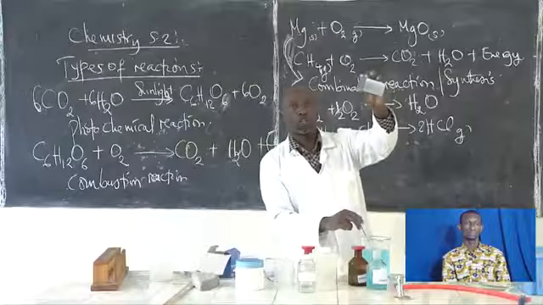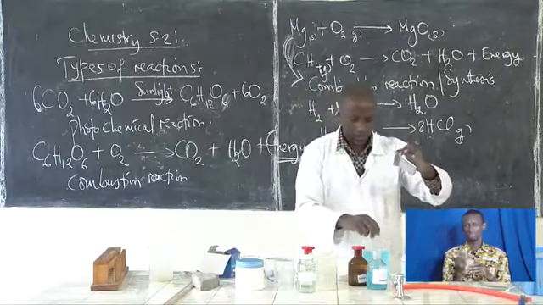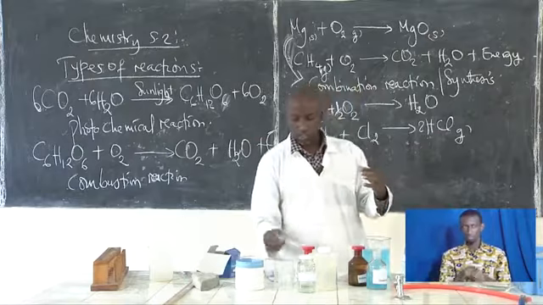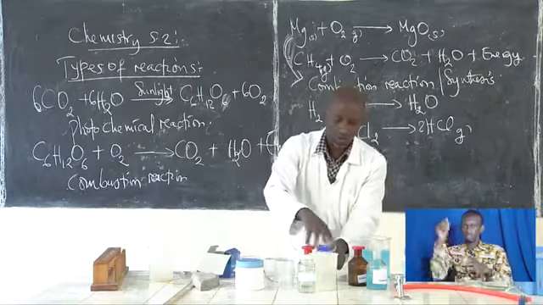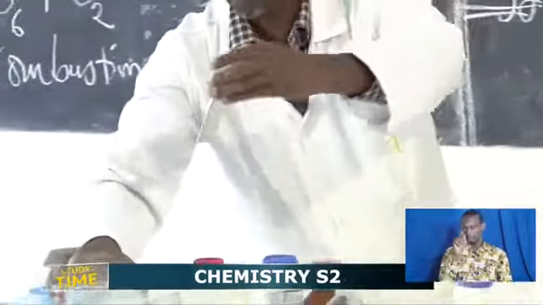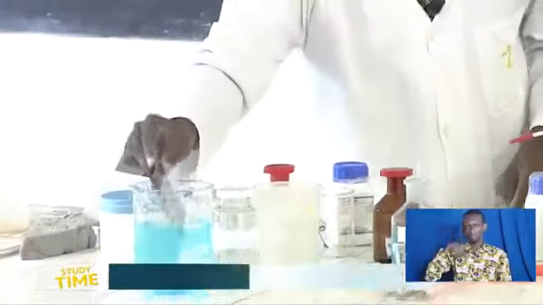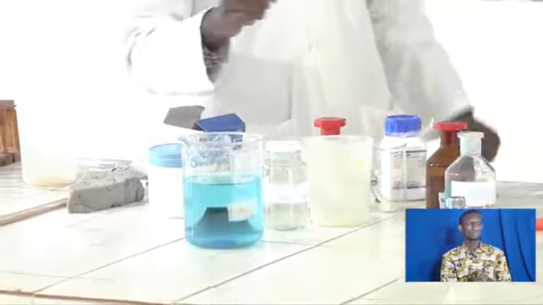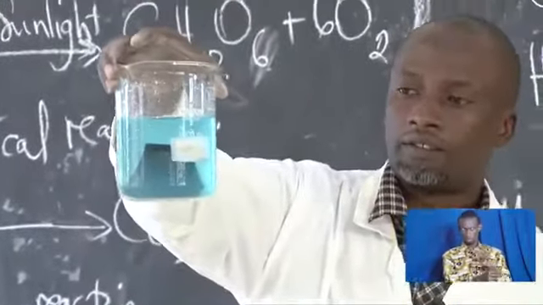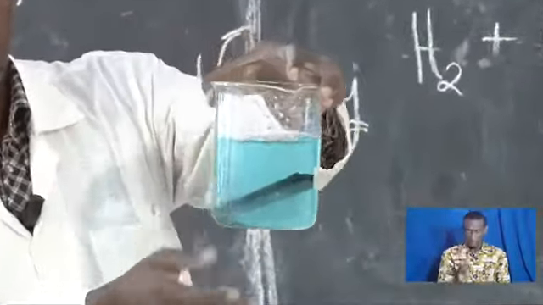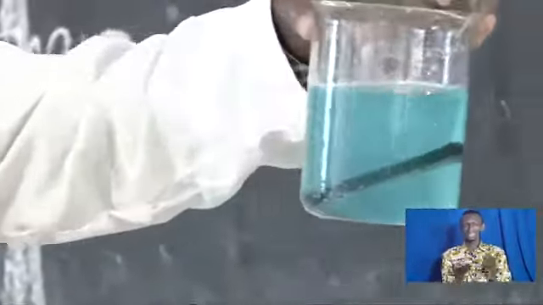I'm just going to dip this zinc strip, or zinc plate, in this solution, and then you'll predict what is going to happen. This is a zinc strip, and this is copper 2 sulfate. Take a close look at what is happening. The zinc strip is actually shiny because it is a metal as usual.